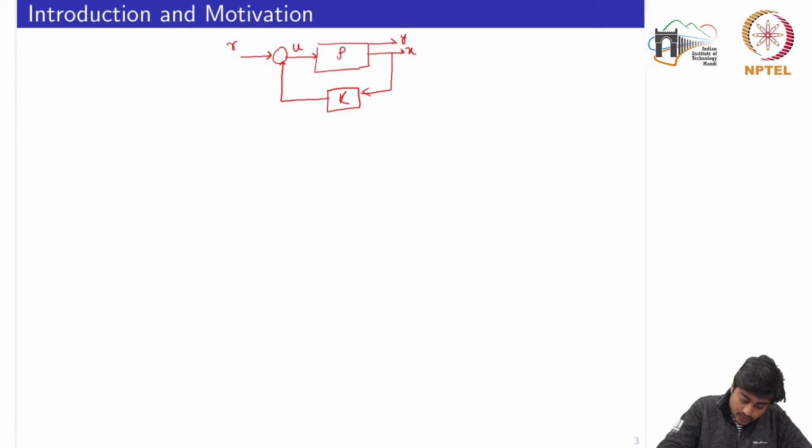So it was U is equal to R minus Kx. So this is the control signal, K of X. This is the control law.